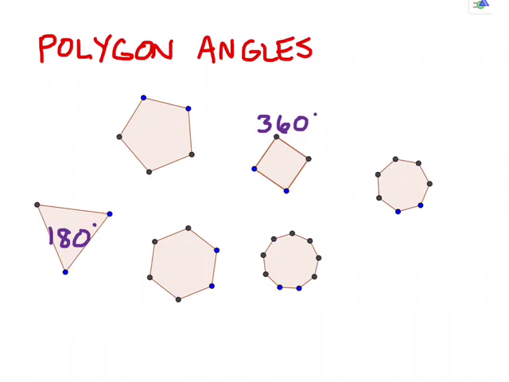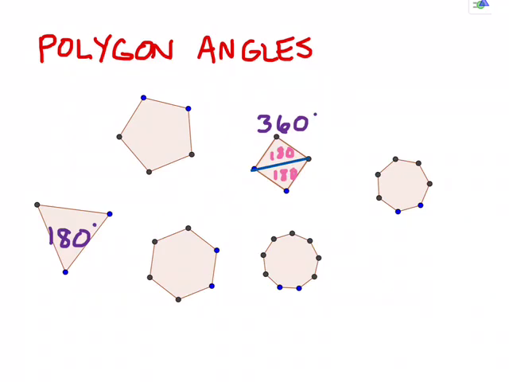If I come up and look at my quadrilateral, I can divide that from a single point into exactly 2 triangles, each of which would have 180 degrees inside of it, making a grand total of 360 degrees, the measurement of a quadrilateral.